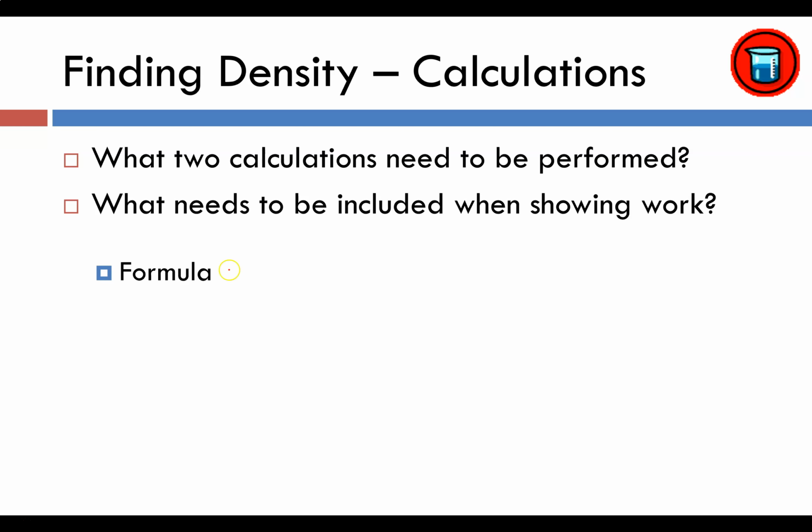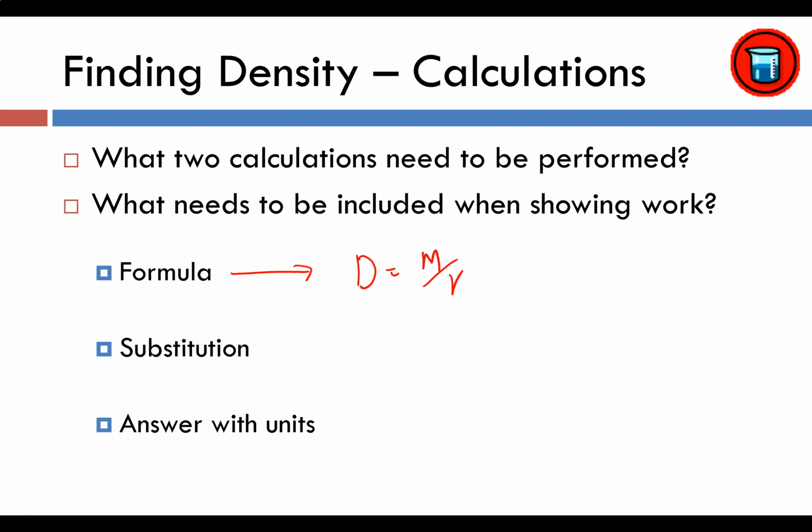So if we're doing density, something like density equals mass over volume, D equals M over V, is perfectly acceptable. This communicates, hey, this is how I'm solving this problem. Next, I want you to substitute. So I want you to take your values and plug them in.